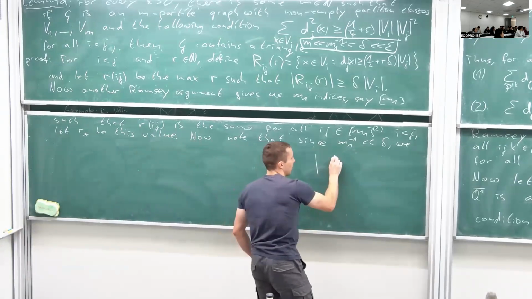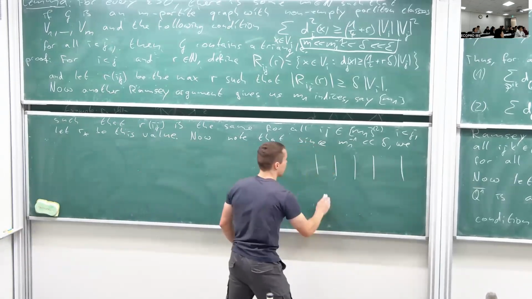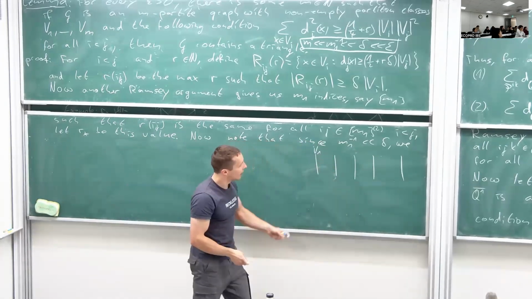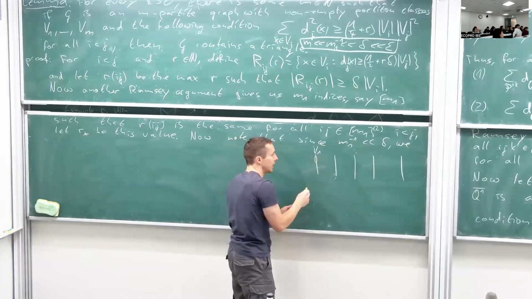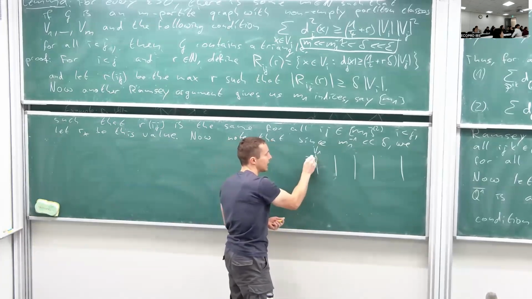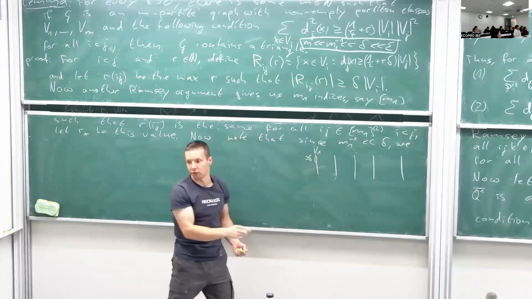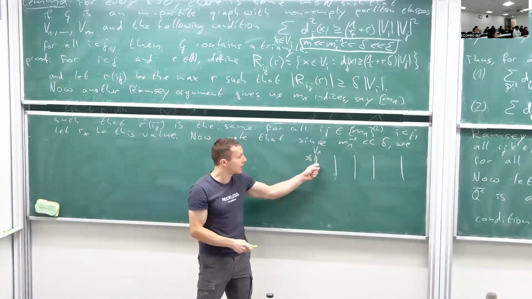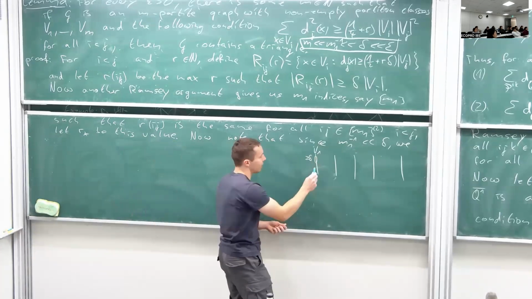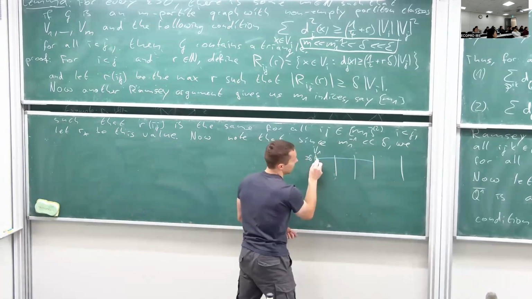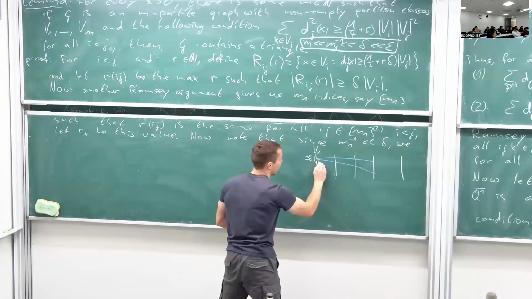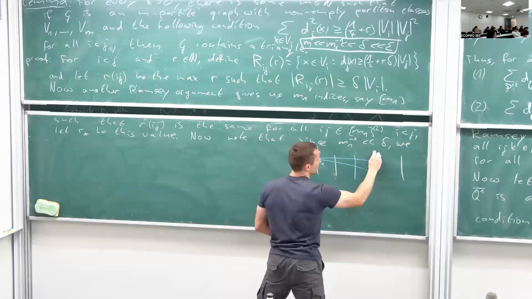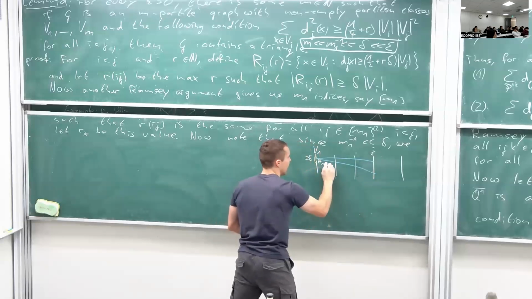Okay, so we have our partition classes. Here's V1, and for each of these sets, we know that we have some set here, which is of size at least the delta proportion of V1, such that the vertices in here all have large degree into this partition class, and this one would be R1J R star.